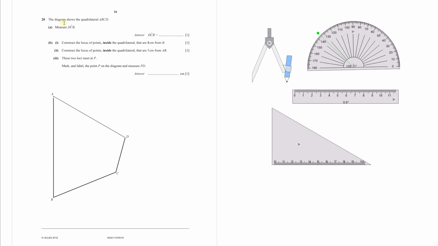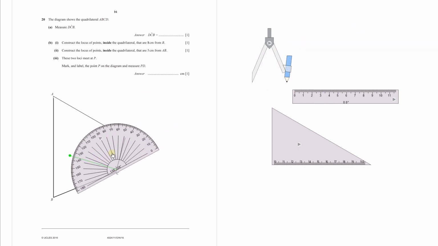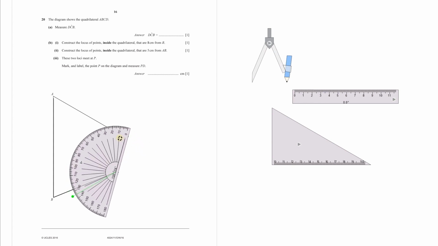So question number 20: the diagram shows a quadrilateral ABCD. Part A is measure the angle DCB. So DCB would be this angle here at vertex C. So let's use our protractor to measure this angle. Let me place it at 0 here.